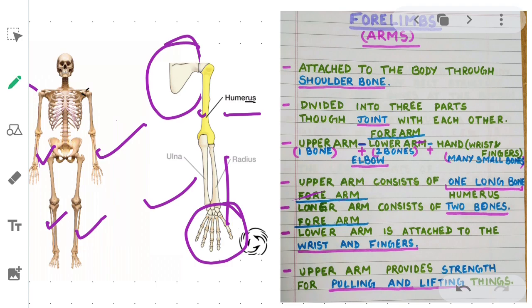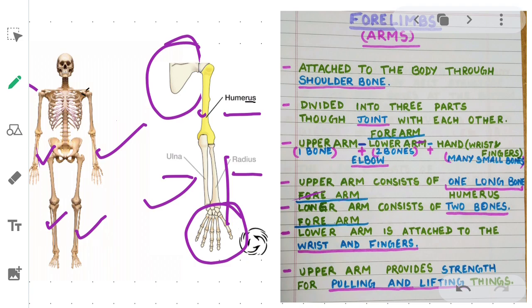The lower arm consists of 2 bones. You can see in the diagram very clearly. There are 2 bones in the lower arm, the ulna and the radius.